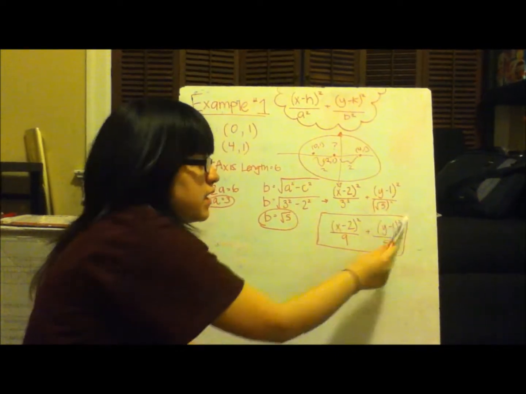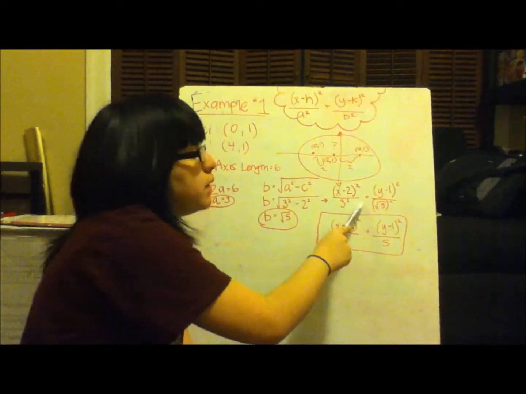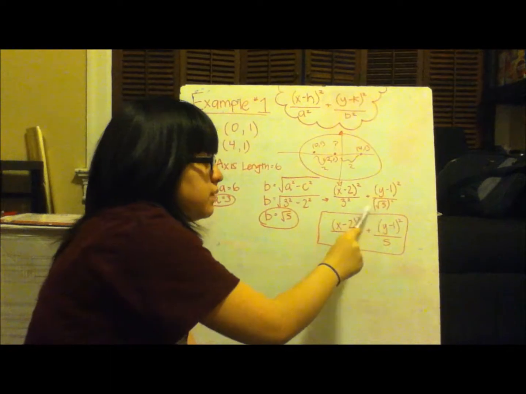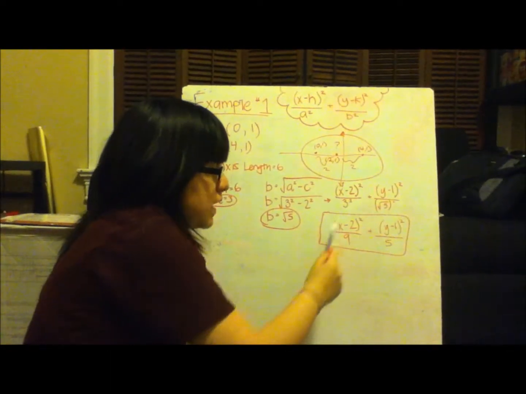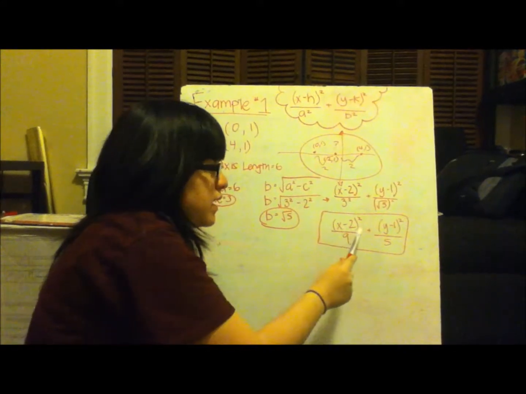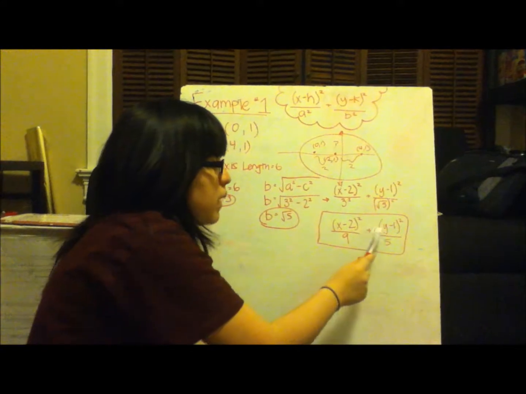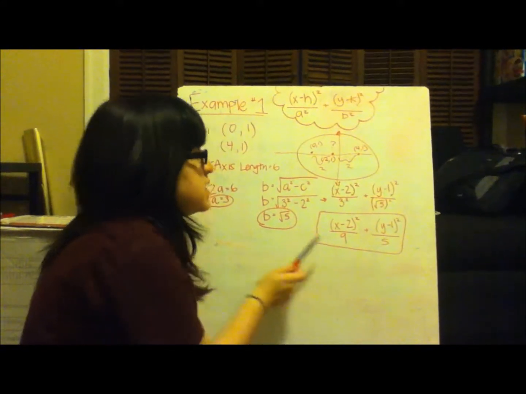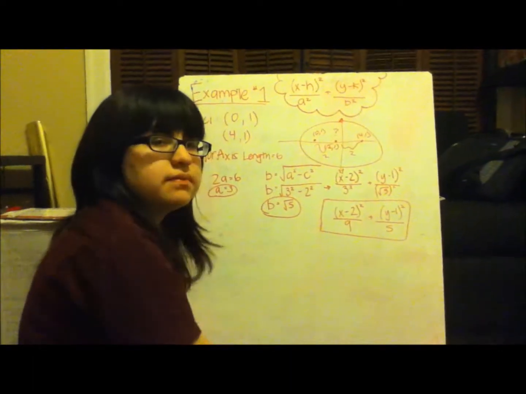This isn't fully simplified because you have a radical in the denominator, and we don't like that. So we simply square the denominators, and we have (x minus 2) squared over 9 plus (y minus 1) squared over 5, and this is the standard equation of your ellipse, and you're done.